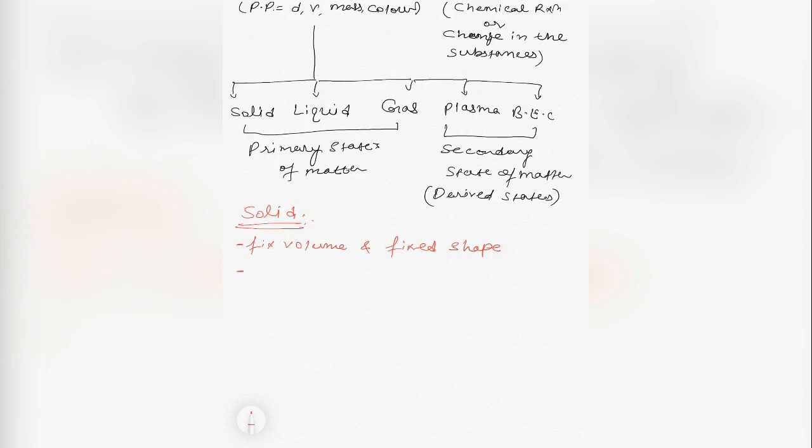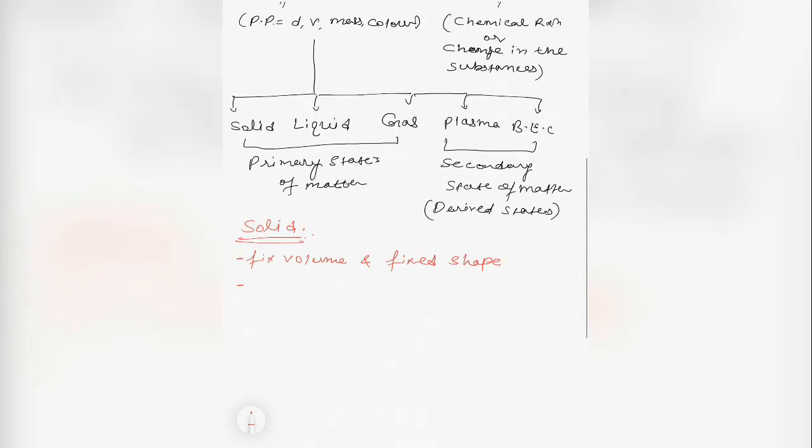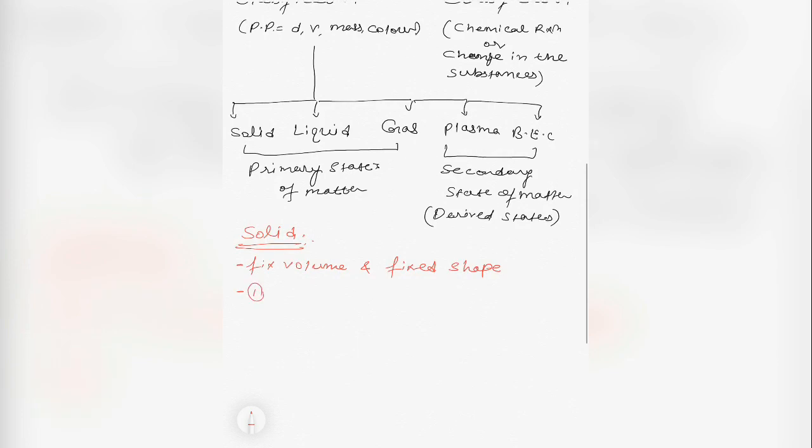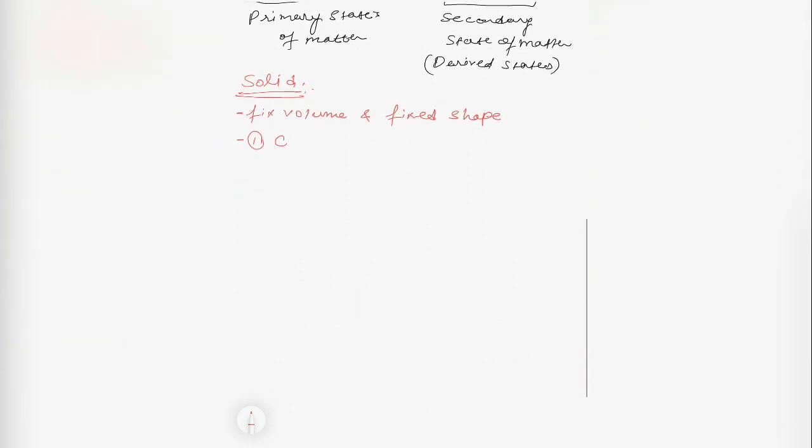Now all solids are classified in two major categories: first crystalline solid, and second amorphous solid.